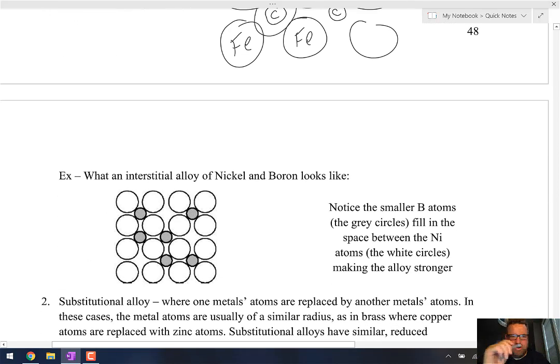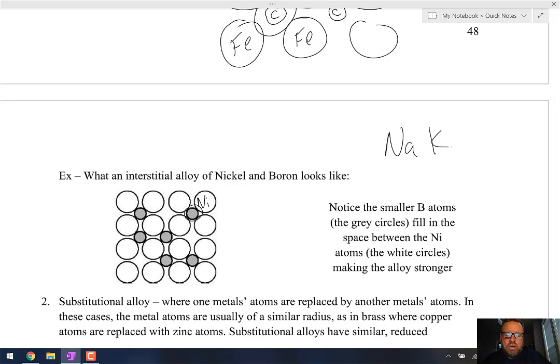Here's an example of this. Here, the larger atoms would be nickel. The smaller atoms would be boron. And again, to be interstitial, it has to be smaller. So if you have an alloy of sodium and potassium, well, sodium and potassium are pretty close to each other.